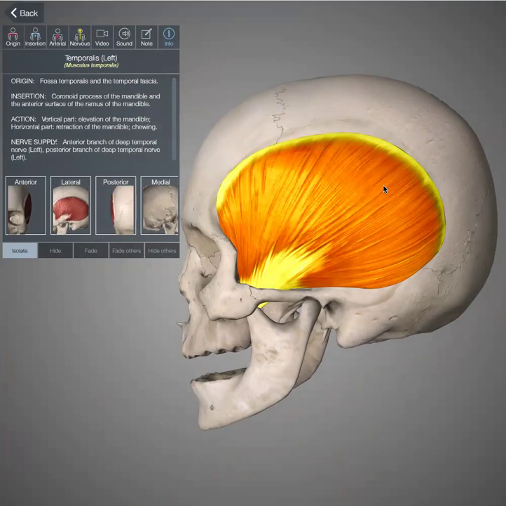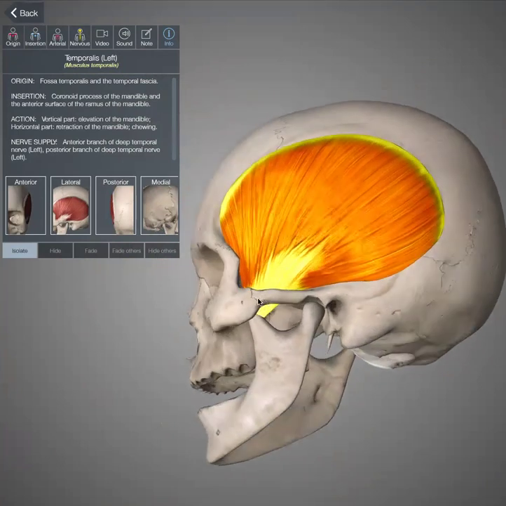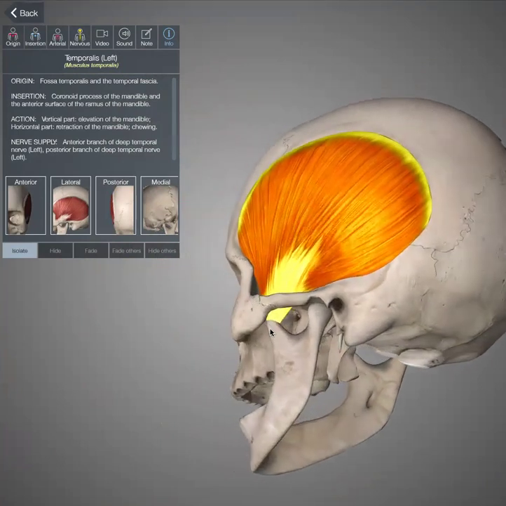The insertion is the coronoid process of the mandible.